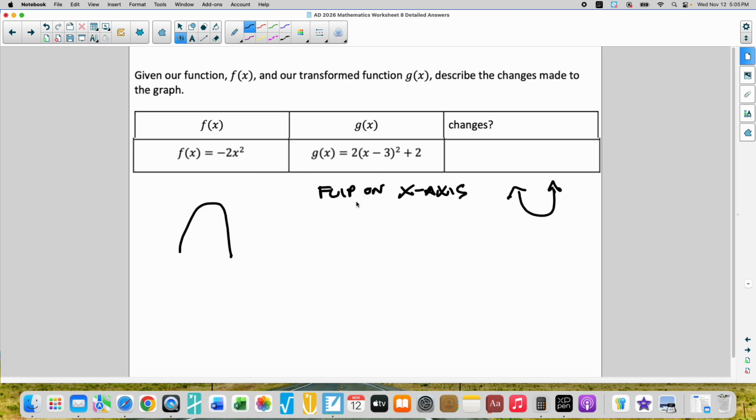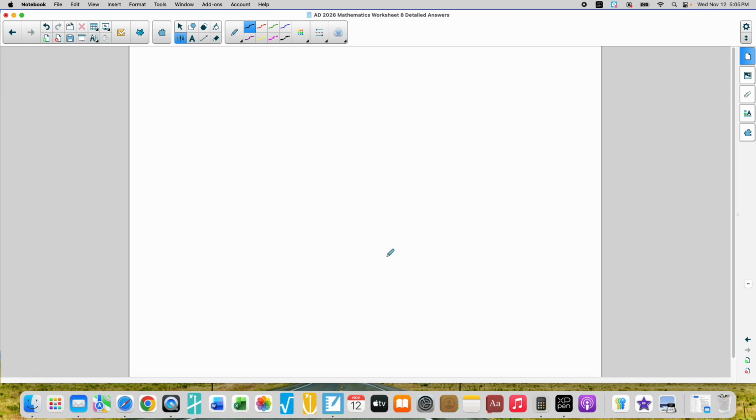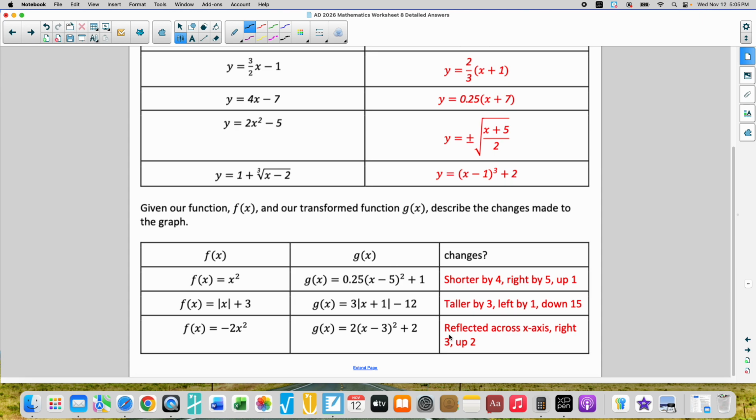It's already 2, and then we're going to shift. Oh, no, don't say shift. We'll say right 3 and up 2. Pretty sure that's what it is. Reflection across the x-axis, right 3, up 2.